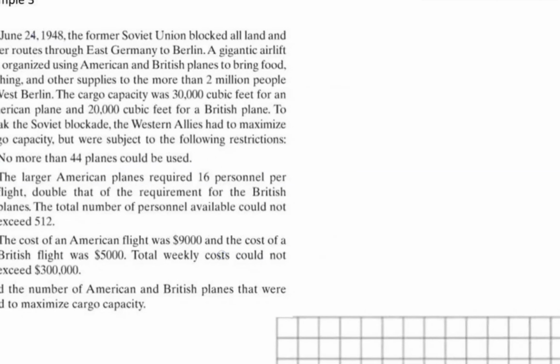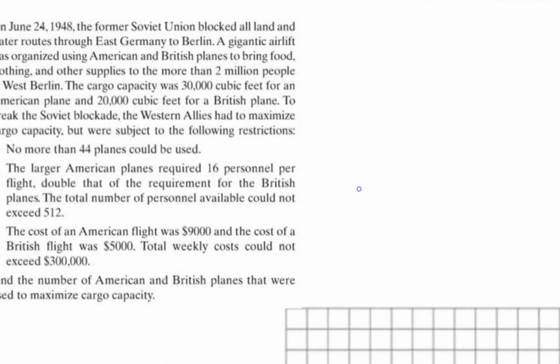Before I go any further, we should be able to right now write our z function. Our z function should equal 30,000, and we'll make the American planes x and the British planes y. So 30,000x plus 20,000y.